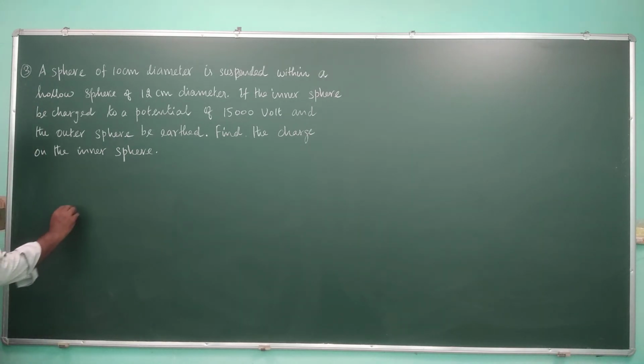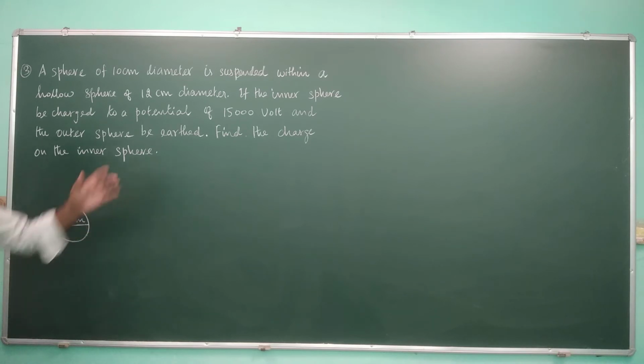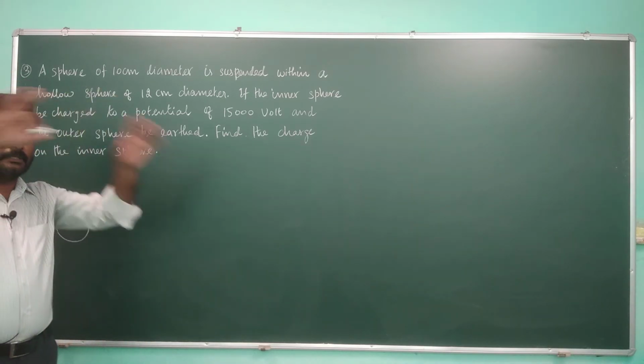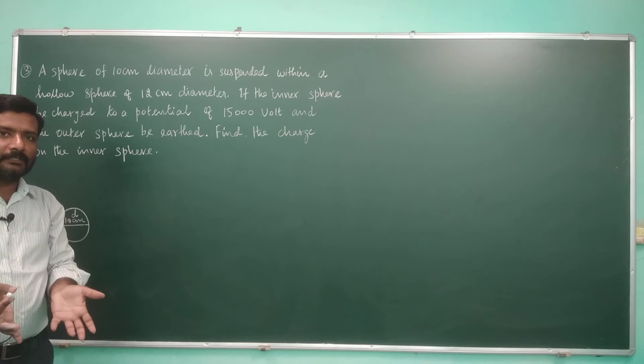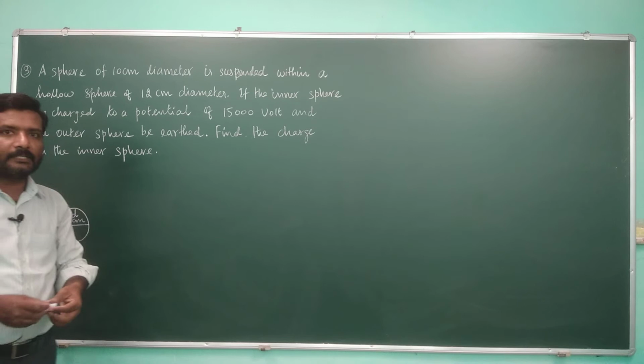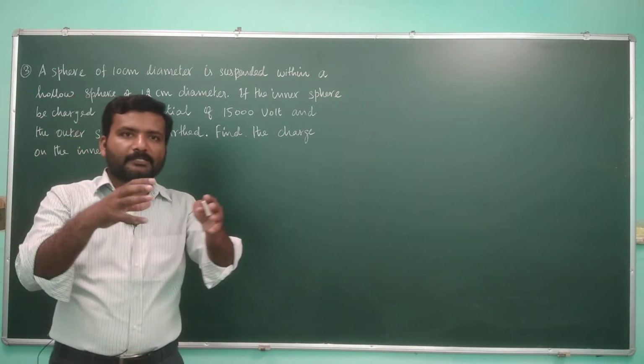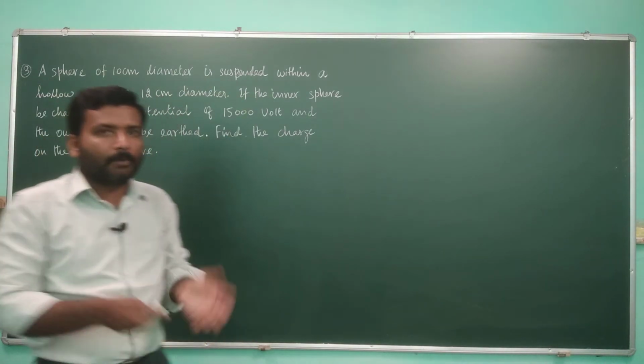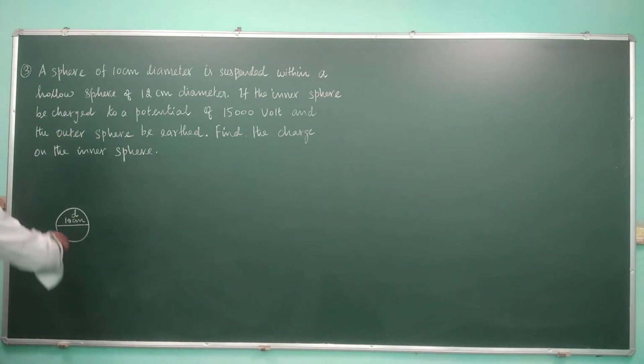There is a sphere whose diameter is 10 centimeter, which is suspended within a hollow sphere of 12 centimeter diameter. That is, a small ball is placed within a slightly bigger ball, a ball inside a ball, like this.